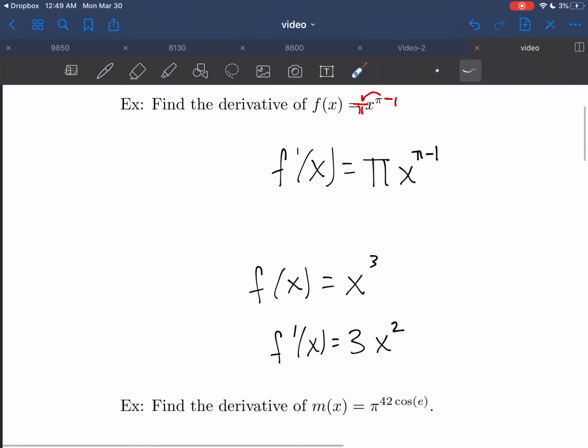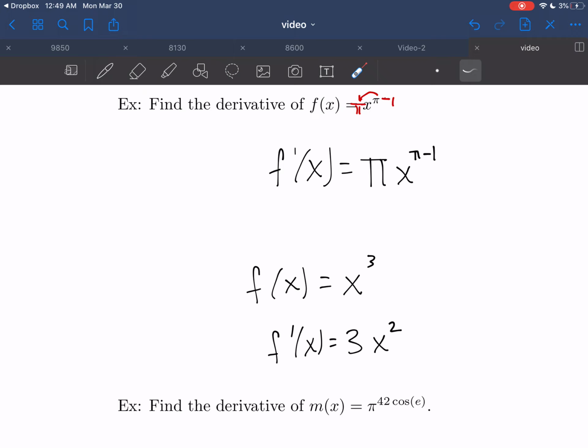You've got to actually have whatever the variable is that you're taking the derivative of. Just because there's an exponent doesn't mean you're going to use the power rule. The function here is given in terms of x.